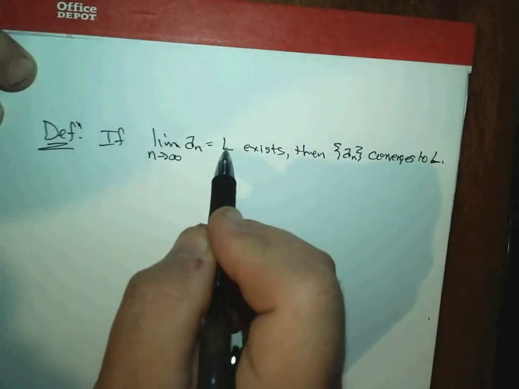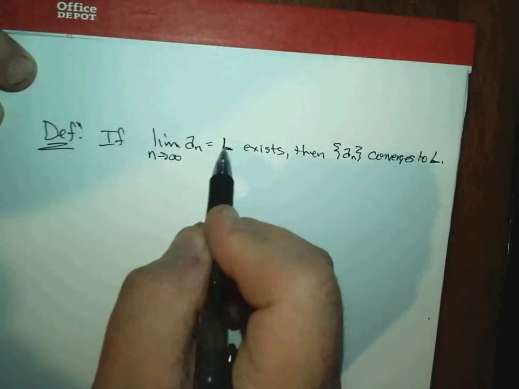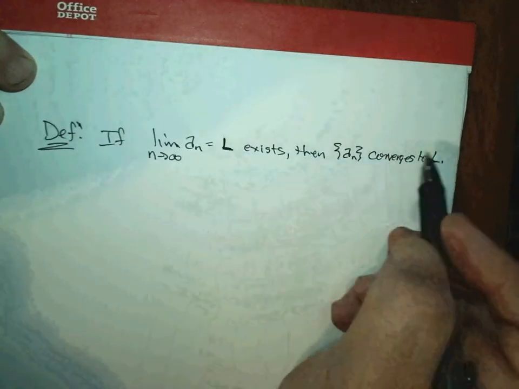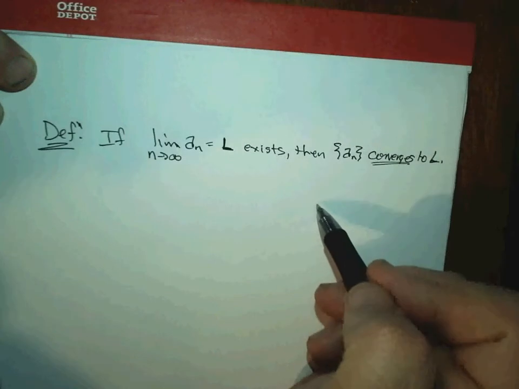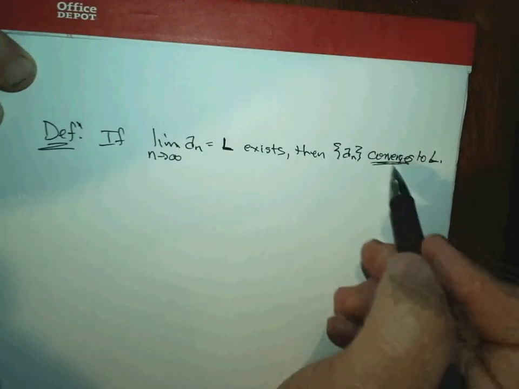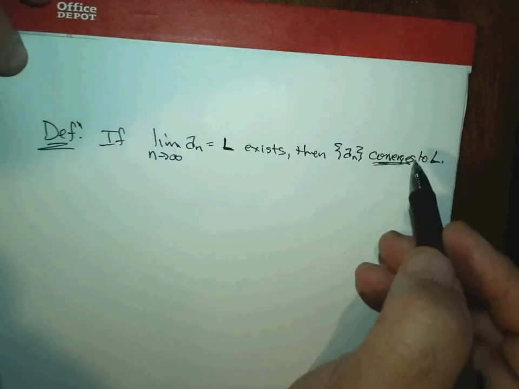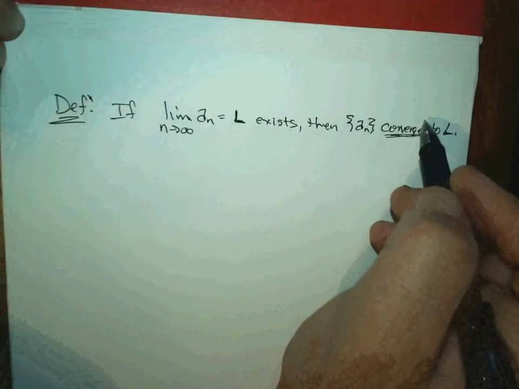If the limit of the function that generates the sequence exists as a finite value, we'll call L for limit, then the sequence converges to that limit value. Okay, and that's the definition of what it means for a sequence to converge.